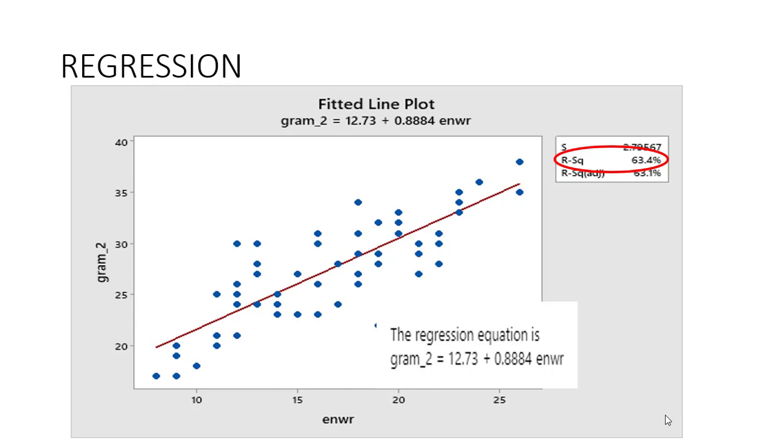This is pretty much what is going to give us the value for the slope. If we multiply 0.884 by the value of the English non-word, and we add to that the value of the constant, we are going to get the value for grammar 2. Notice that this can be used for data that we already have, and we can also use this equation to predict further data.